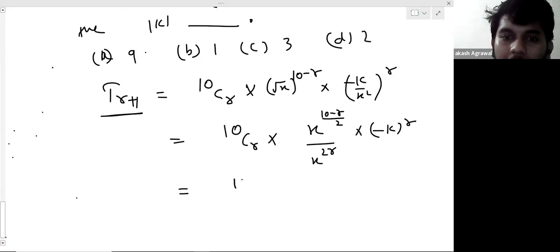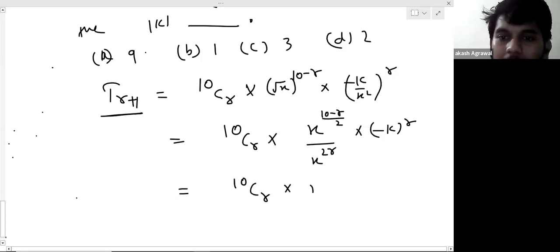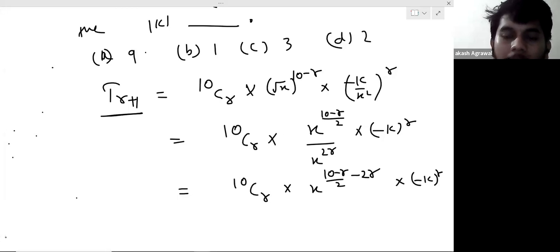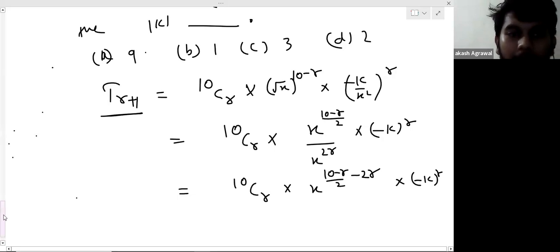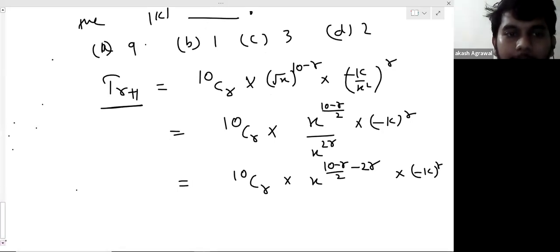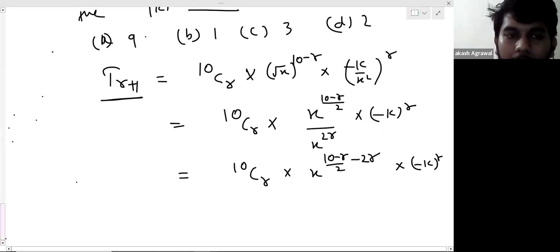You can further simplify: 10CR into x to the power (10 minus r by 2 minus 2r) into minus k to the power r. Now, if it is independent of x, that means the power of x must be 0.